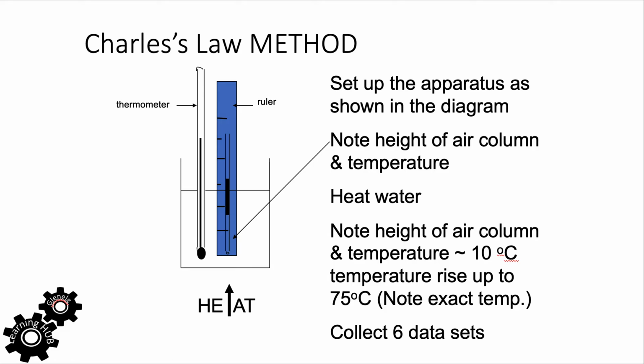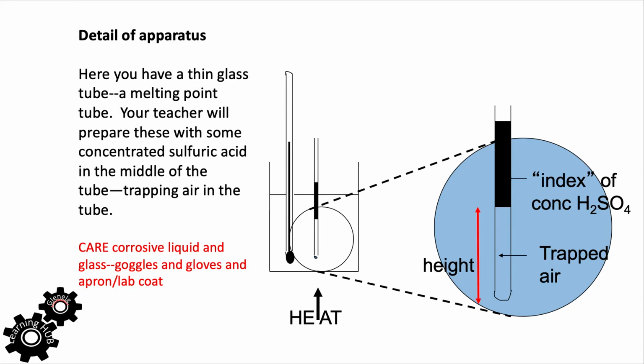And you're going to heat the water, and you're going to take the temperature about every 10 or so degrees Celsius rise up to 75 degrees Celsius, but note the exact temperature for when you measure the height of the column. So here, some safety if you were doing the lab: goggles, gloves, lab coat, apron, and again, care with the corrosive liquid, the acid in the tube, and the hot apparatus.